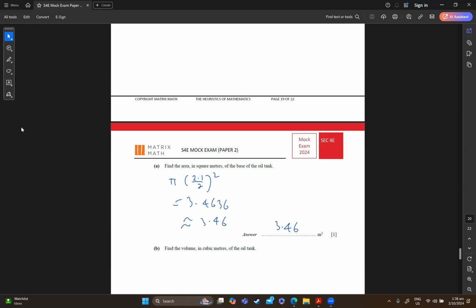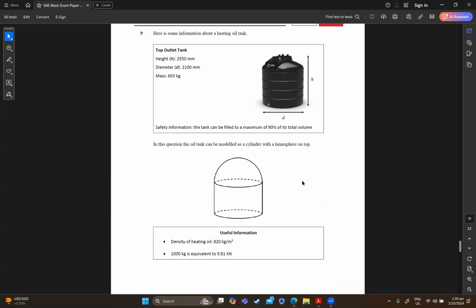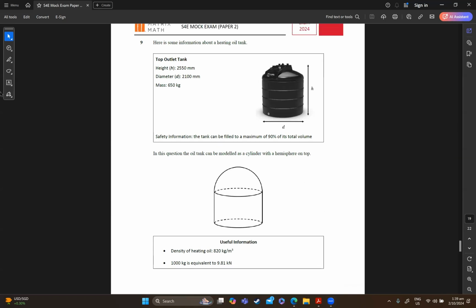Okay, now for the next part, find the volume in cubic meters of the oil tank. So let's put in a few values here. The radius here is 2.1 divided by 2.